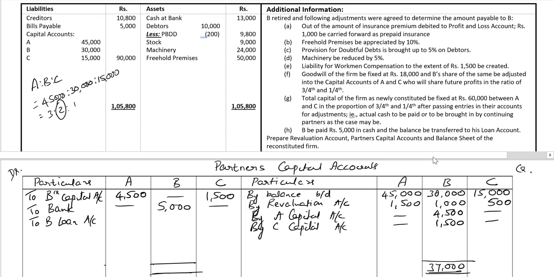Total 37,000 minus 5,000 rupees, amount transferred to B's loan account 32,000 rupees.